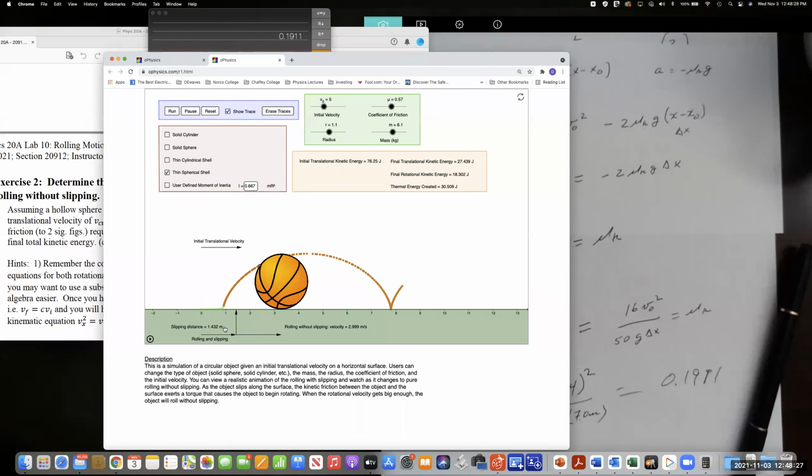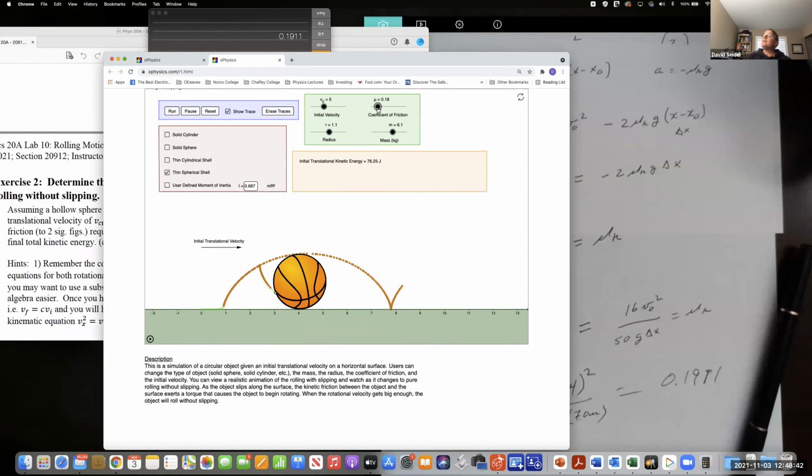So only changing the friction value will change the slipping distance? No, not quite, if I keep my velocity constant.